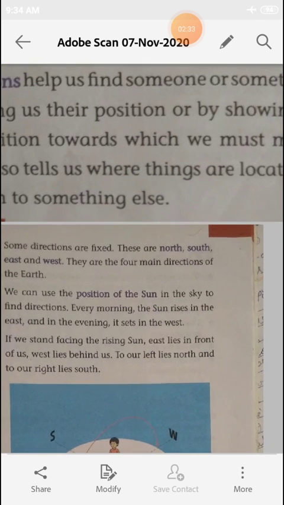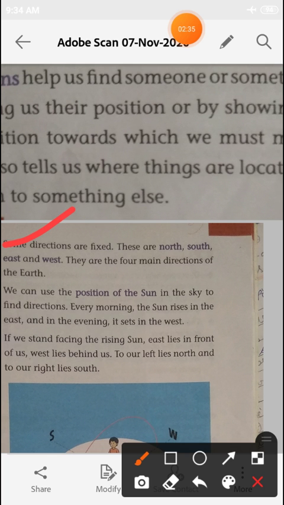Student, some directions are fixed, so we cannot change them. We use the position of the sun to find the main directions, so we cannot change them.